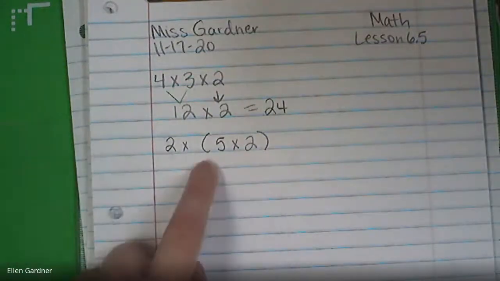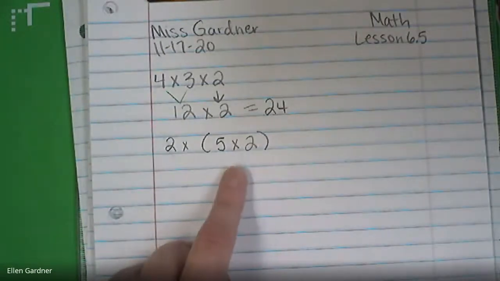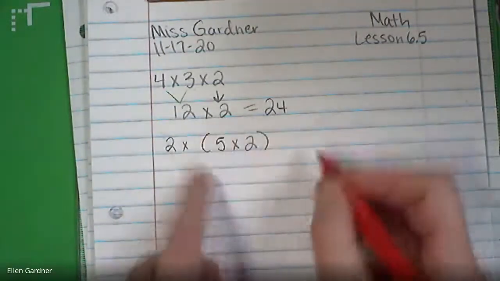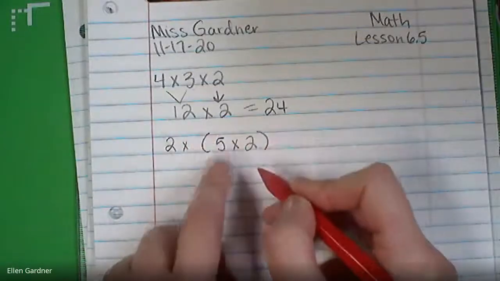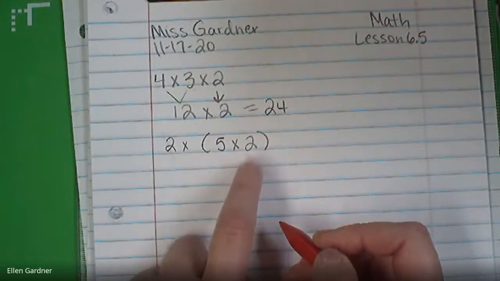Whenever you have a problem like this, and this is really getting into some beginning algebra, algebra is going to be much more difficult than this, but when you see parentheses, you multiply the part that's in parentheses always first.